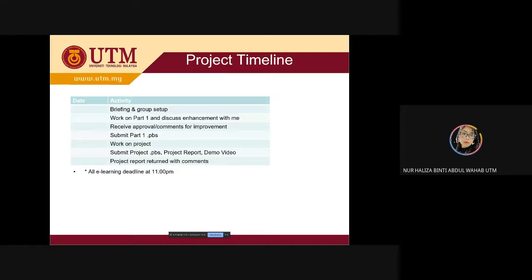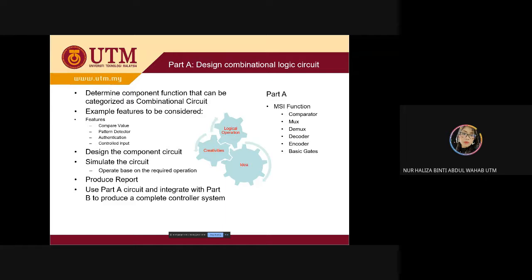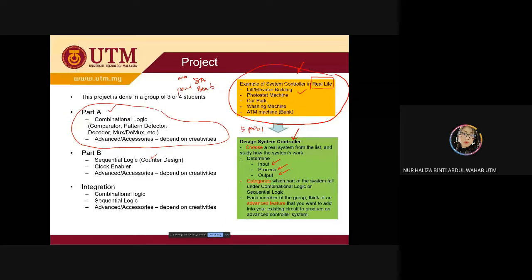And lastly, you need to do a video demo to run your circuit and so on. And of course, your presentation. Later on, we will discuss some more, but I want you to start now before you go for your Module 7, Module 8, which is your Part B, Sequential Logic.